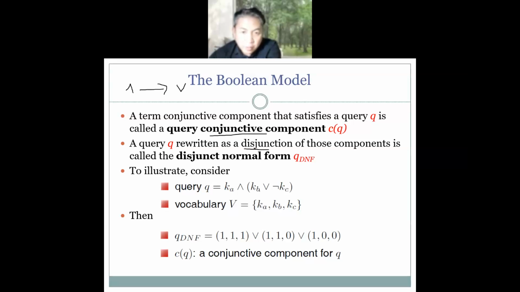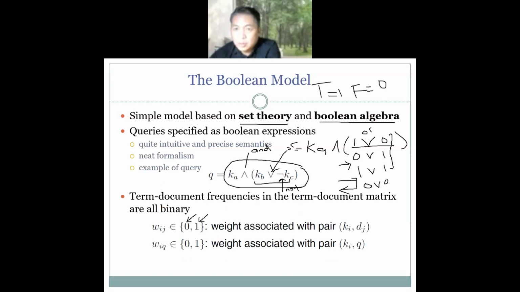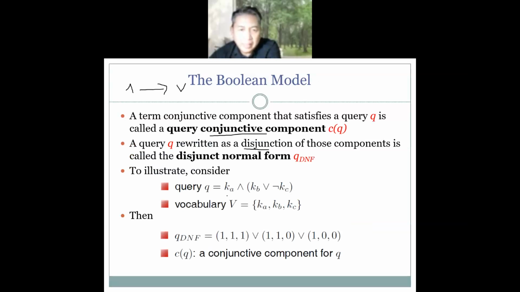How do we translate that one? If you look at this expression, going back to here, you could have the first way, the second way, and the third way, but you cannot have this. For this query to be true, I need to have 1 and this is 1 or 0.